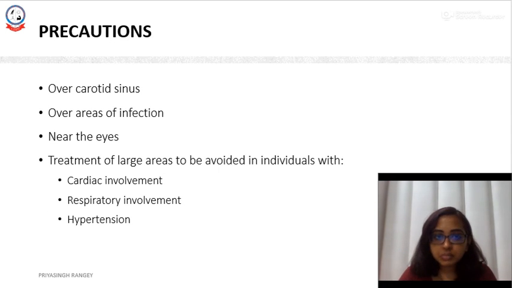Next, moving on to the precautions. We need to be cautious whenever we are applying cryotherapy to certain areas, but if cryotherapy is required to be allowed in such areas, then we can use an insulating medium between the cold modality and the surface of the skin.